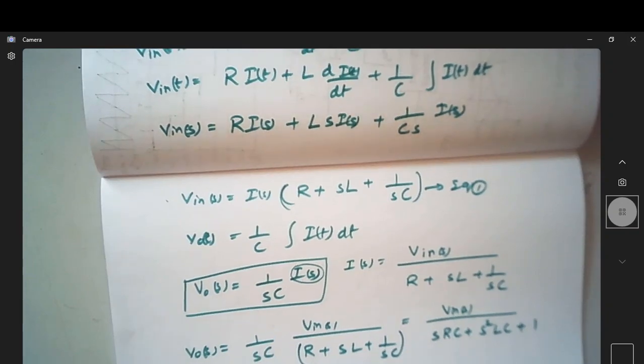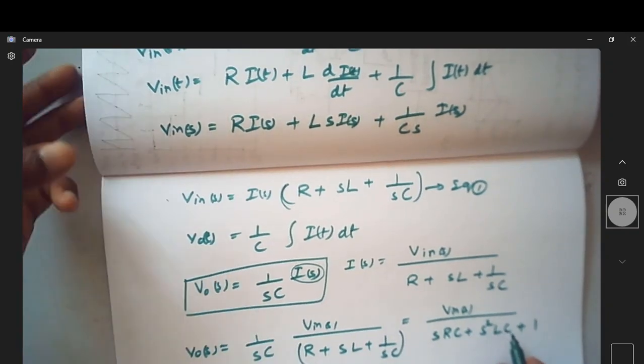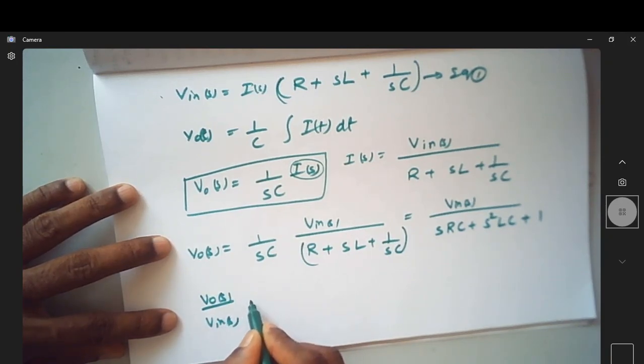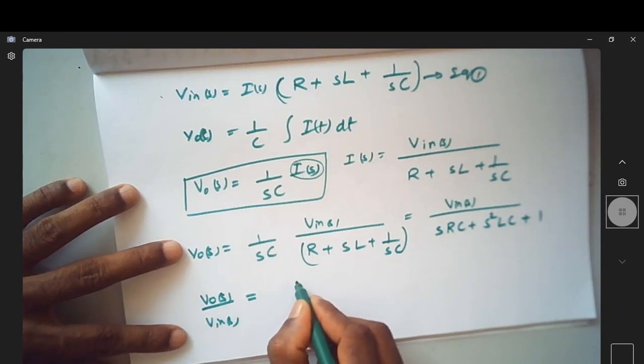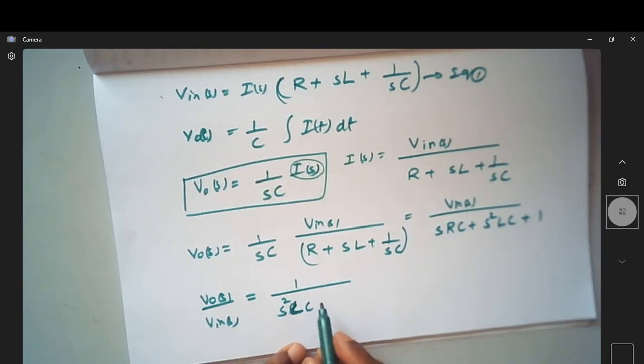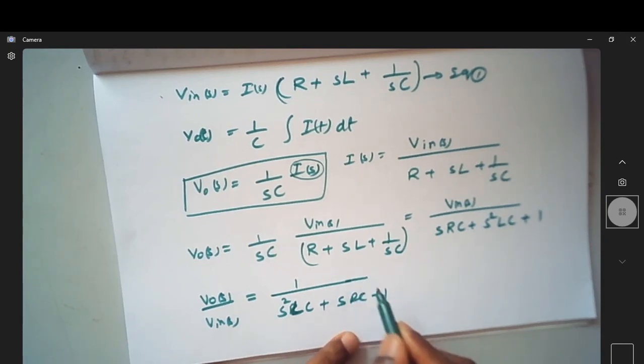Now can I write this equation as V naught of S by V in of S equal to 1 over S square LC plus SRC plus 1?